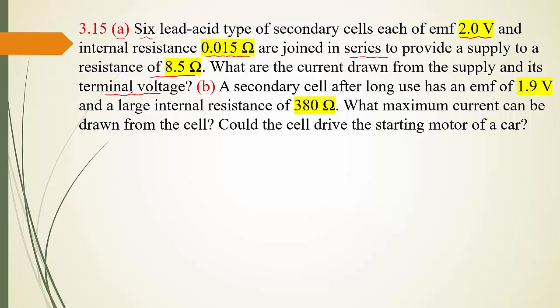Yes. So 6 lead acid type of secondary cells, and each is having EMF 2 volt. So first we can write, this is question A. I am going to write the total resistance in the circuit, which is taken as R. How many lead acid type of secondary cells are present? 6.